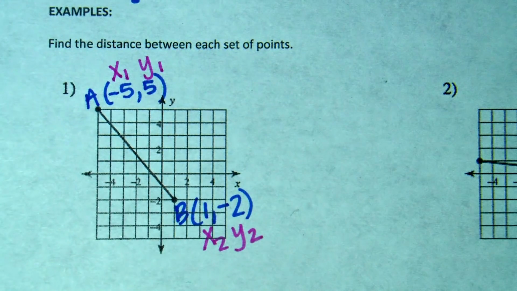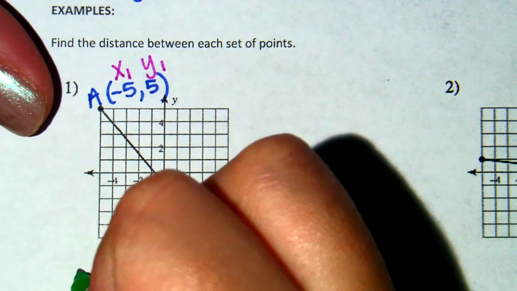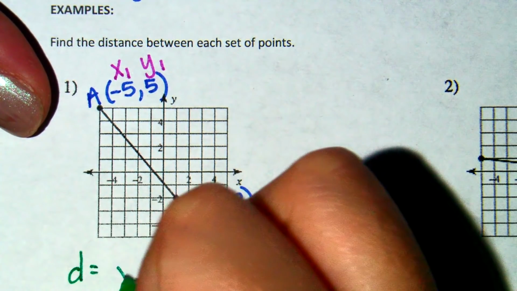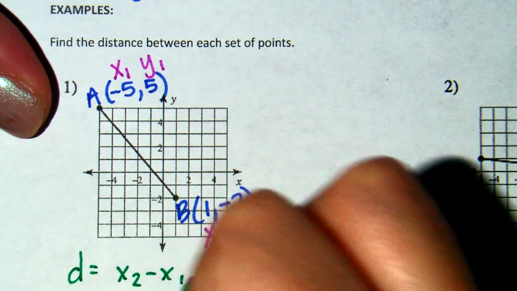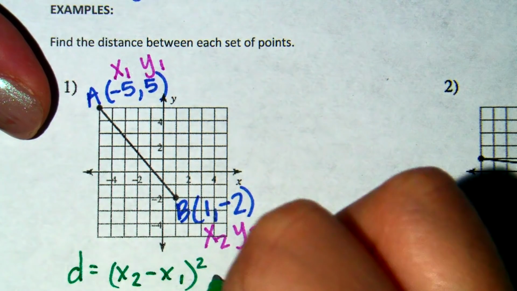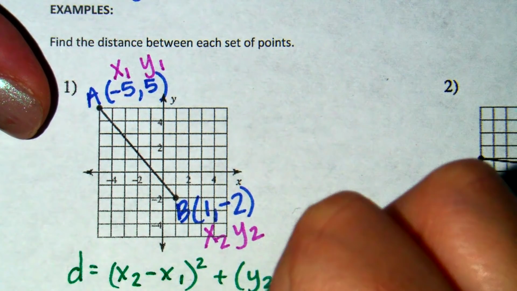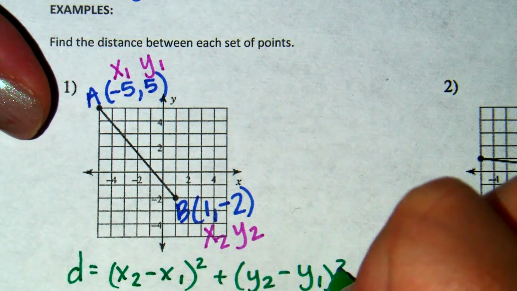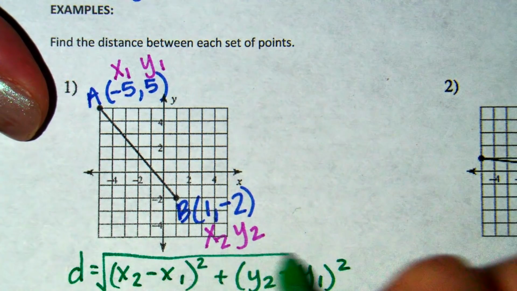Now that I know x1, y1, x2, y2, I'm going to show all my steps. The distance formula is x2 minus x1 squared plus y2 minus y1 squared, all under the square root, just as a reminder.